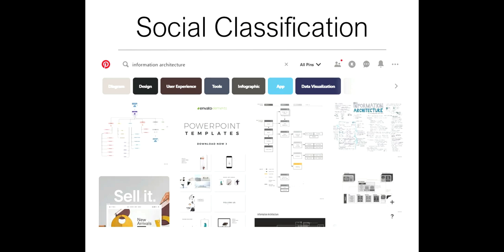And then we have other such things as social classifications, such as you see here, which is based on the mental models that people bring when they come to a website, and how they then tag it.